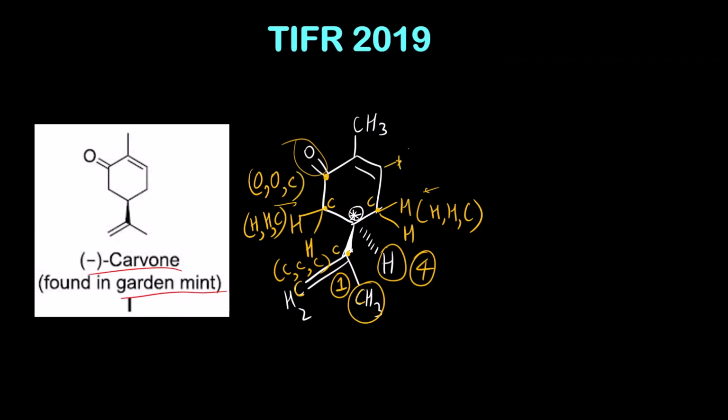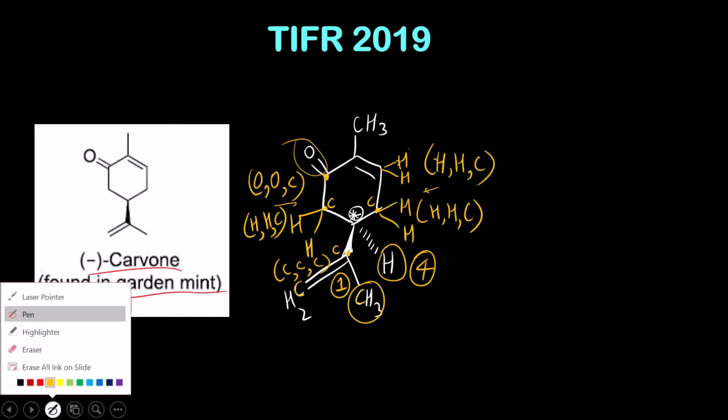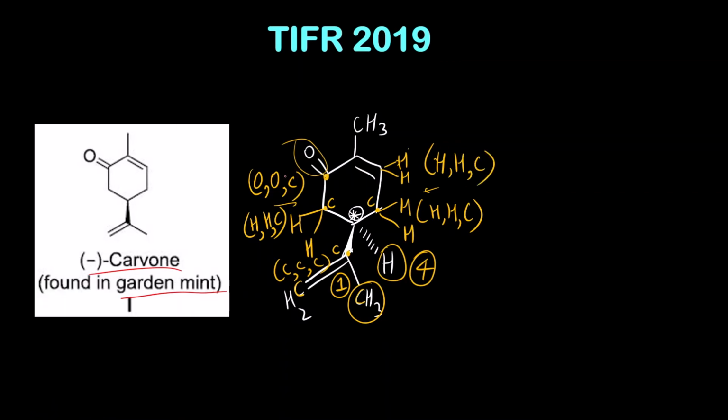And here you can see there are 2 hydrogens, so this carbon is attached to 2 hydrogens and 1 carbon. So here this carbon and carbon are the same, but here there are 2 oxygens and here 2 hydrogens. So this part will get the second priority, and this will get the third priority.